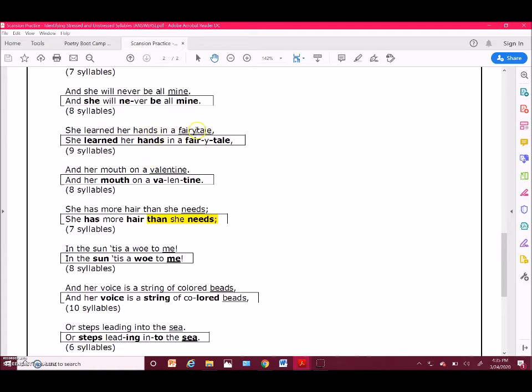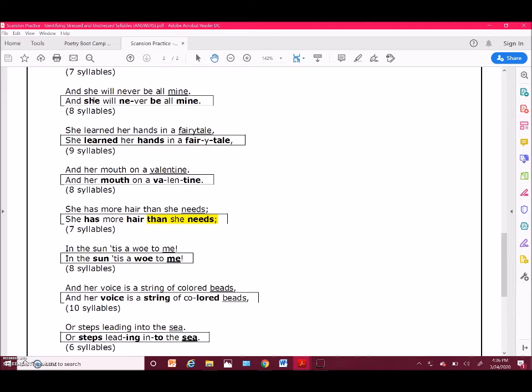I hear it on fairy tale. Fair and tail have a lot of emphasis. Let me say it the opposite way. She learned her hands in a fairy tale. That sounds kind of weird too.